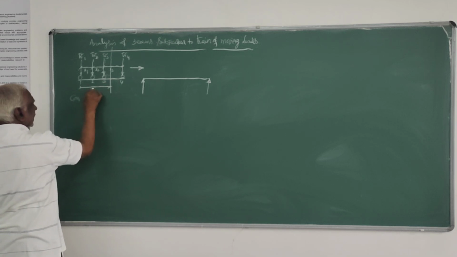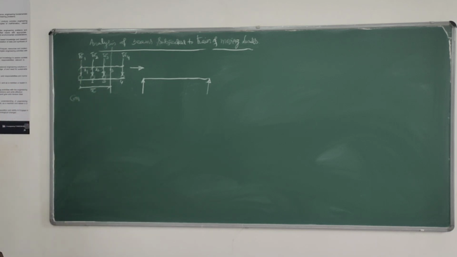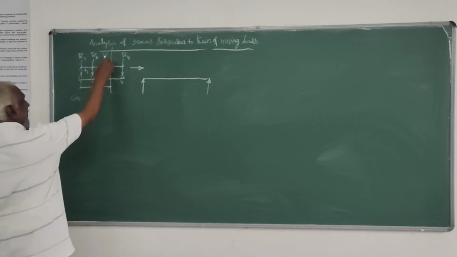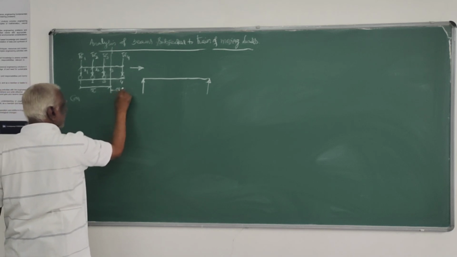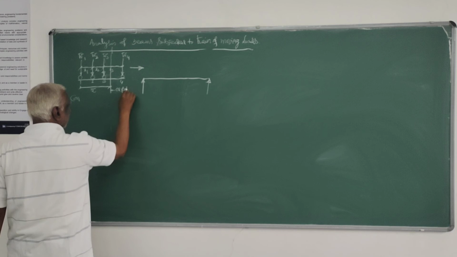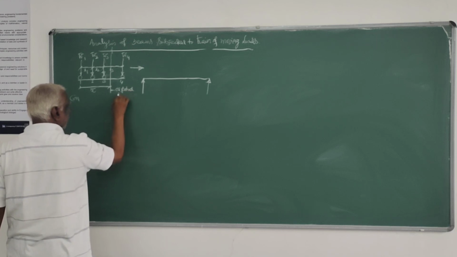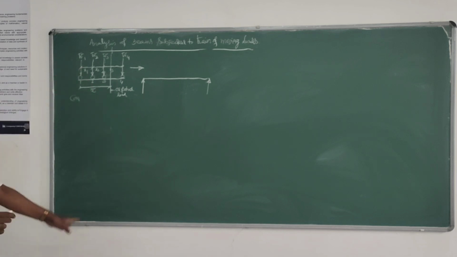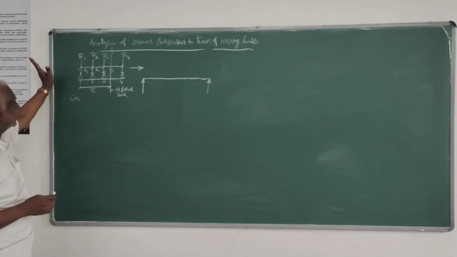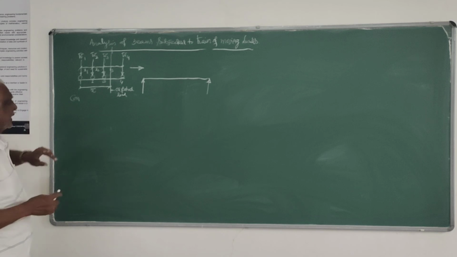So let the CG of these wheel loads be at a distance x bar from the first wheel load. So that also we need, the CG of wheel loads. That also you can determine. Whenever a train of concentrated load is given, you have to find the location of the CG of wheel load from one end.